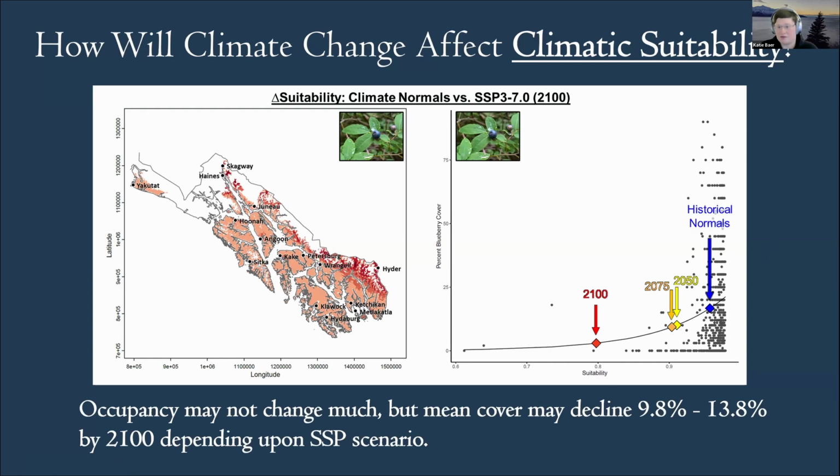We are marching down this curve to the tune of, by the time we get to 2100, this would predict, if this is maintained, a decline in average cover of the species of about 9.8 to 13.8%. So it may still be there, occupancy may remain unchanged, but the abundance could be significantly lower than it is currently, and that is concerning.